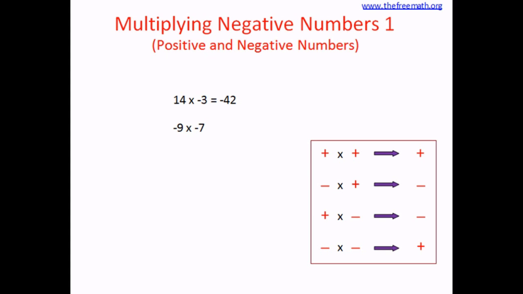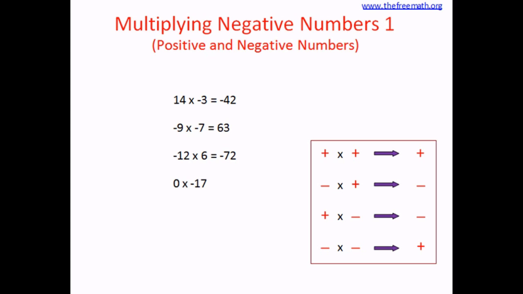We are multiplying two negative numbers, that means the product will have a positive sign. Positive 63 means 63, so the answer is 63. Negative 12 multiplied by 6. We ignore the signs, multiply 12 and 6. 12 6s are 72. What we have is one positive and one negative number, so the answer will have a negative sign. So the answer is negative 72.